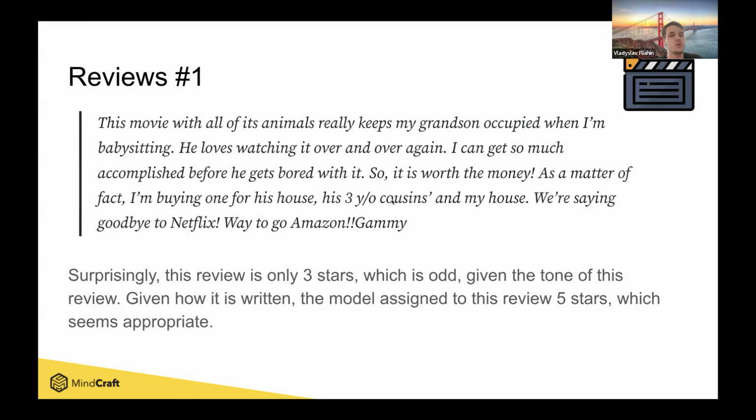Next, we're going to review several real human reviews of several products, to understand how good our data is and how well our model predicts in comparison to the real values.